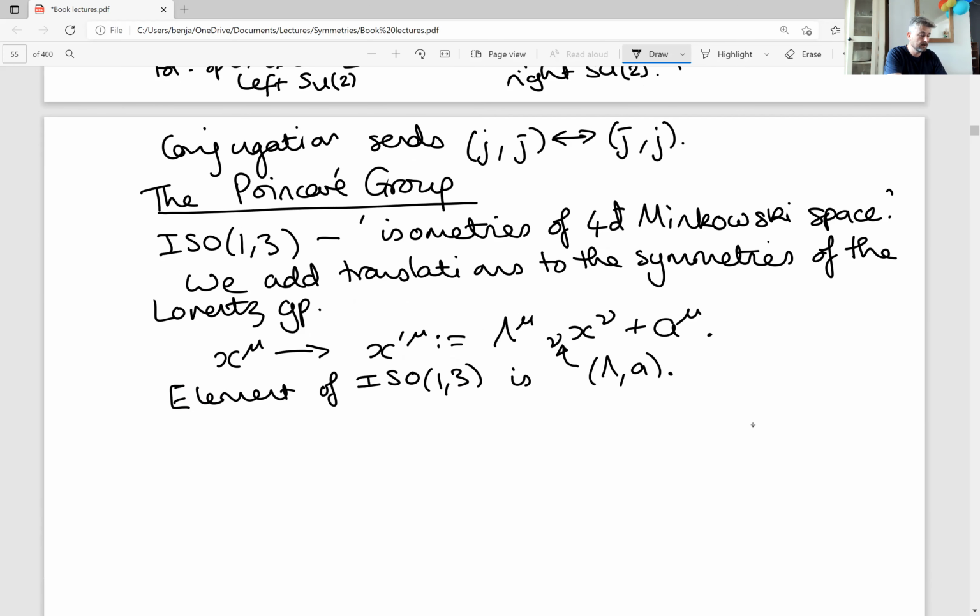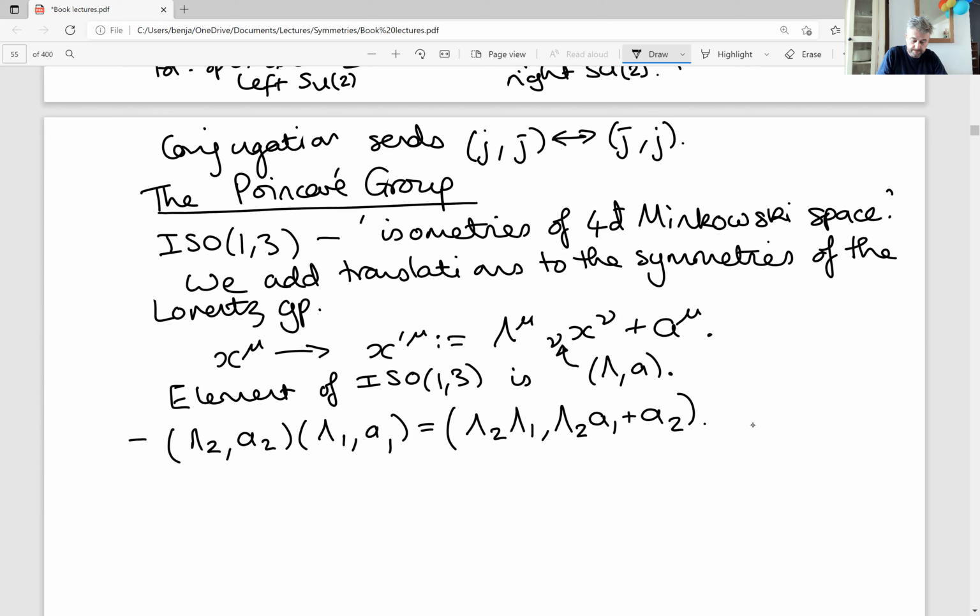Now, what happens if we do two successive Poincare transformations? We better check that the group closes. So let's act on lambda 1 a1 with lambda 2 a2. Well, here we get lambda 2 lambda 1, and lambda 2 a1 plus a2.